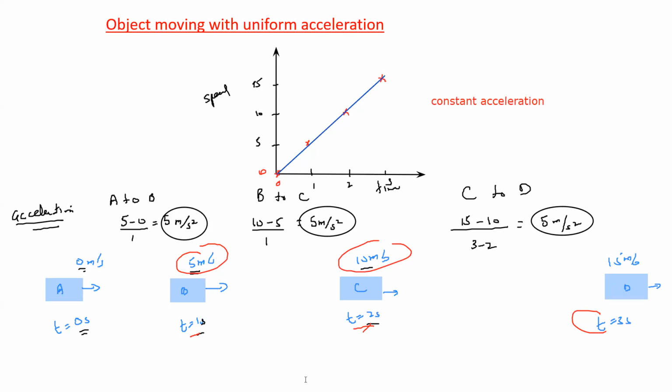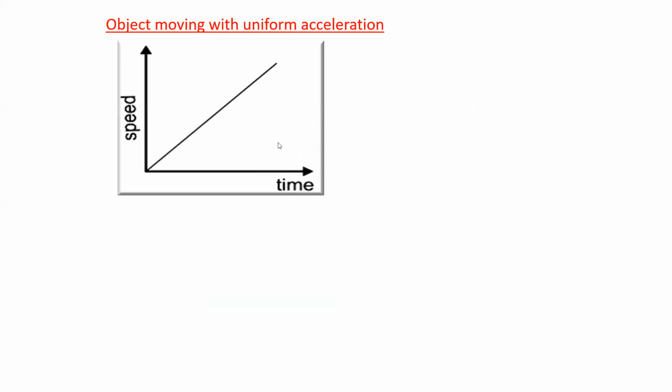Any doubt till now? So for constant acceleration, you will always draw a line with a constant slope. So this is representing that constant acceleration.